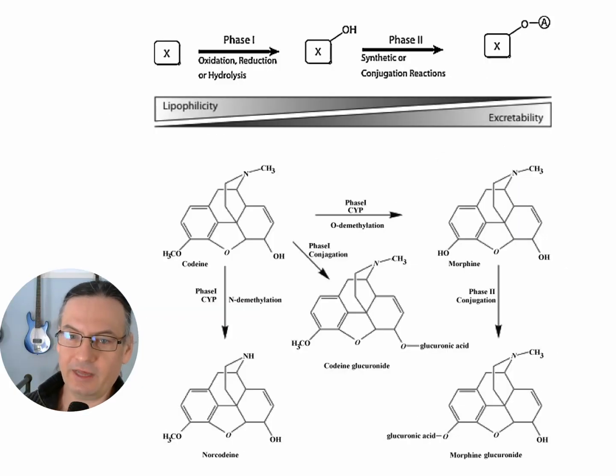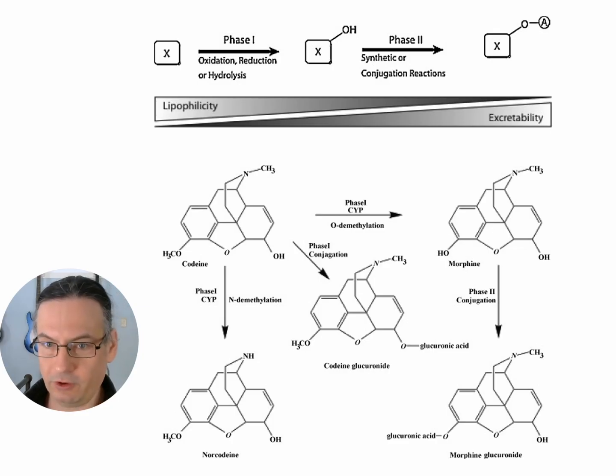Now, that's mainly the whole idea of the phase 1, where we're going to do oxidation, reduction, and hydrolysis. And this is going to end up generating a changed compound that usually, if it is something that's lipophilic, will increase in the amount of hydrophilicity and excretability.